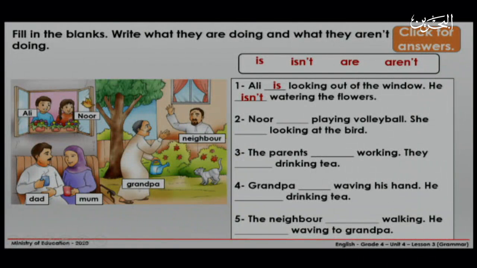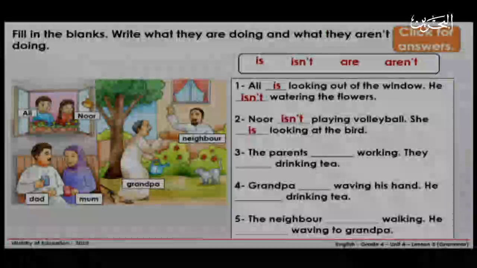Let's see number 2. Noor playing volleyball. Look at Noor. Is she playing volleyball? No. So Noor isn't playing volleyball. She looking at the bird. Is she looking at the bird? Good. So, she is looking at the bird.